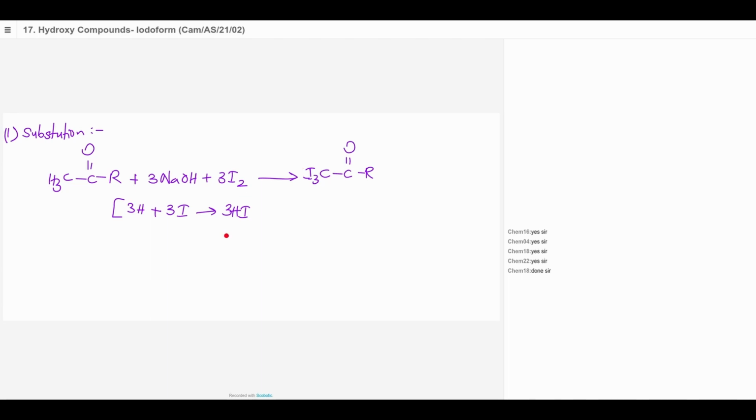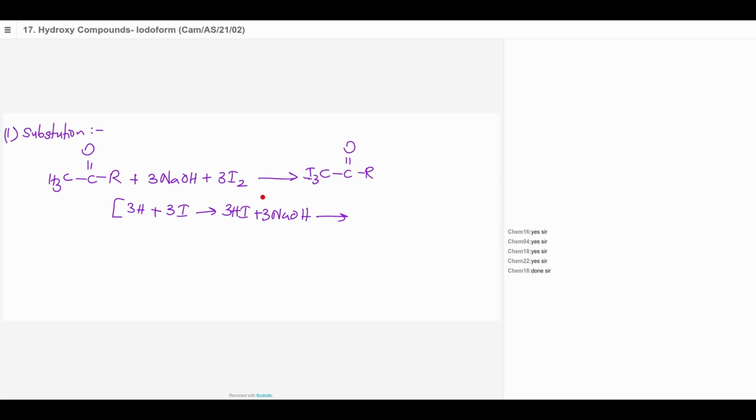This is acid. In fact, the strongest hydrogen halide acid is hydroiodic acid. So to neutralize these 3 acid, we need 3 alkali. That's why we use 3 sodium hydroxide, because this acid which is produced should be neutralized, right? Because acid hydrolysis will take place if not, in the next stage. We need to carry out the alkali hydrolysis in the next stage, right?